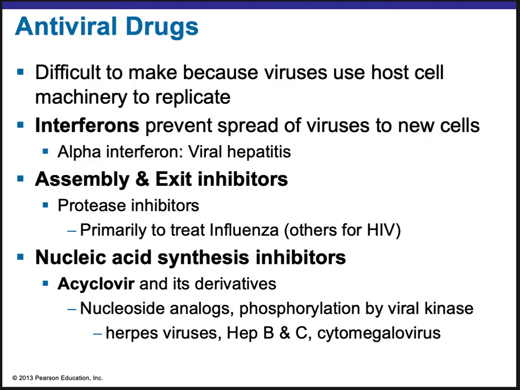If you remove its ability to cut them into small pieces, then they cannot assemble. Sometimes that's also how they exit. They have one receptor that they're bound to the cell with, and then they need to cleave it. If they can't cleave it, then they're stuck to the cell and they can't spread to other cells. Antivirals that treat influenza are usually protease inhibitors.